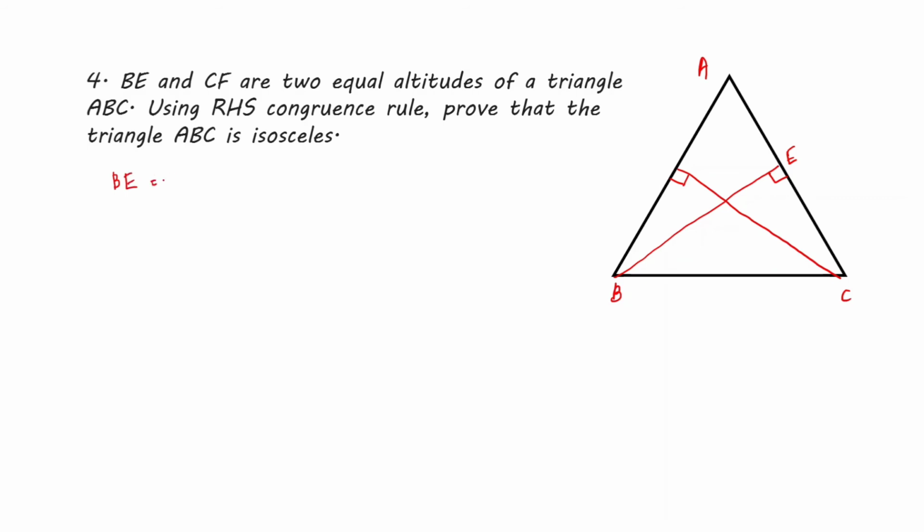We know that BE equals FC. Why? Because BE and FC are two equal altitudes. Also, we know that angle BFC is equal to angle BEC, which is given in the question because they are 90 degrees.